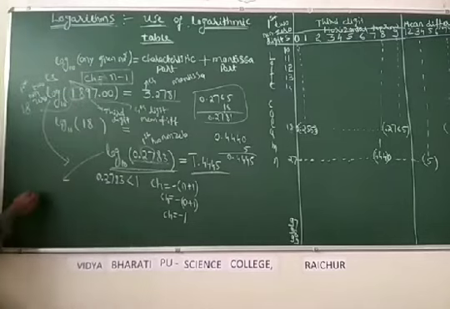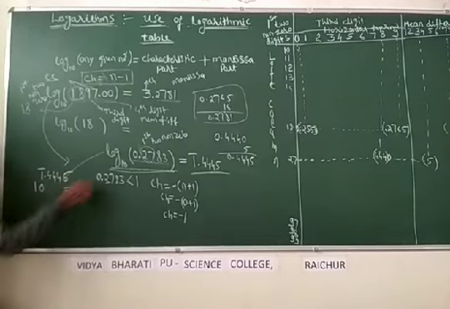In other words, how should that be understood? When I multiply 10 these many times, how many times? 10 to the power of bar 1.4445. When I multiply 10 these many times, I can get this number, 0.2783.